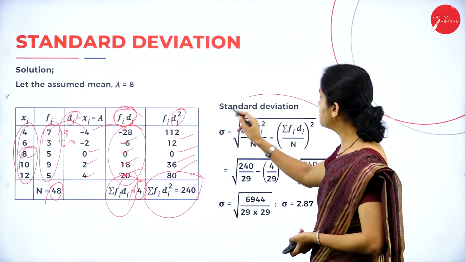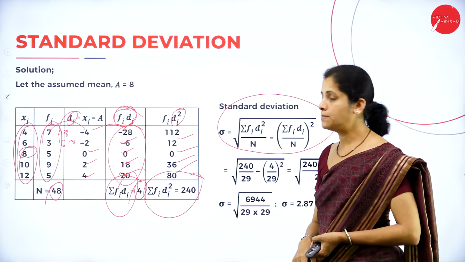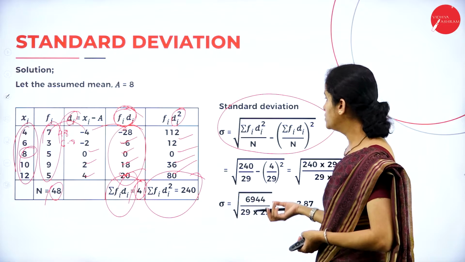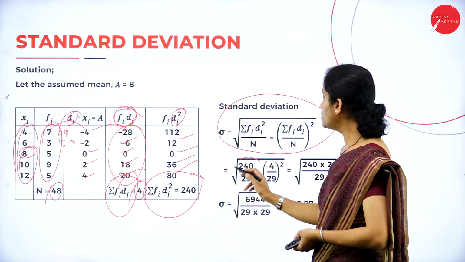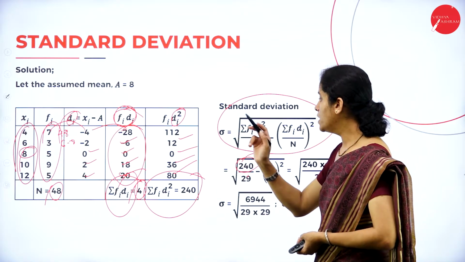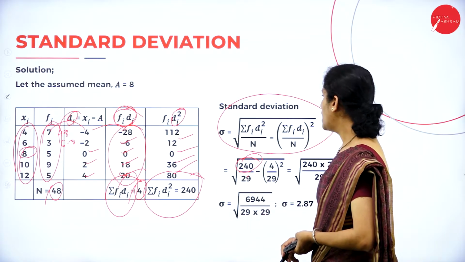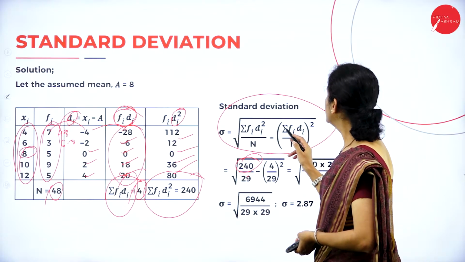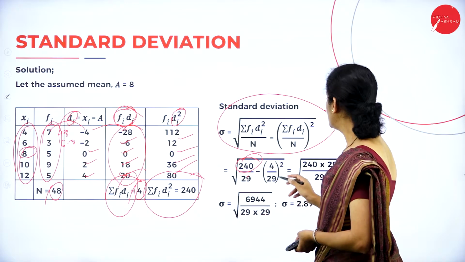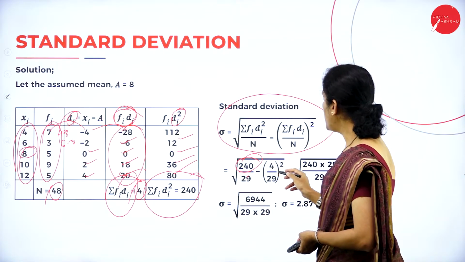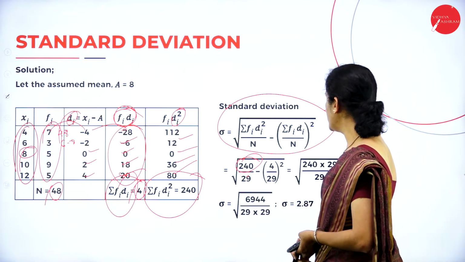Okay, now I have the formula and I'm going to substitute the value. So here it is sigma Fi Di square by n. So 240 divided by 29. And here it is sigma Fi Di by n. Okay, so it is 4 by 29 whole square.